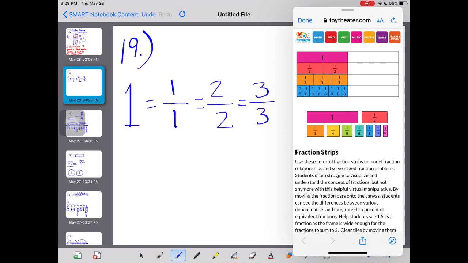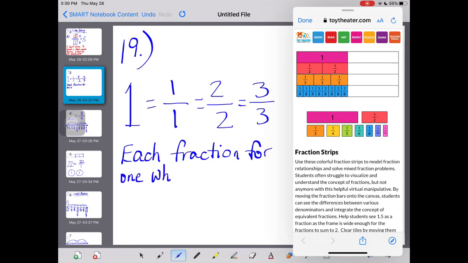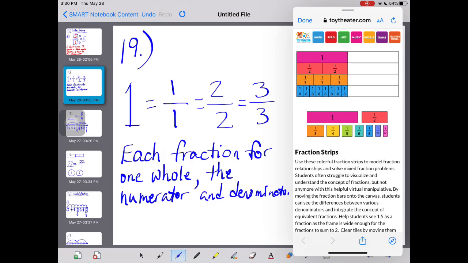So when you're writing to explain, you could say, for each fraction for 1 whole, the numerator and denominator are the same.